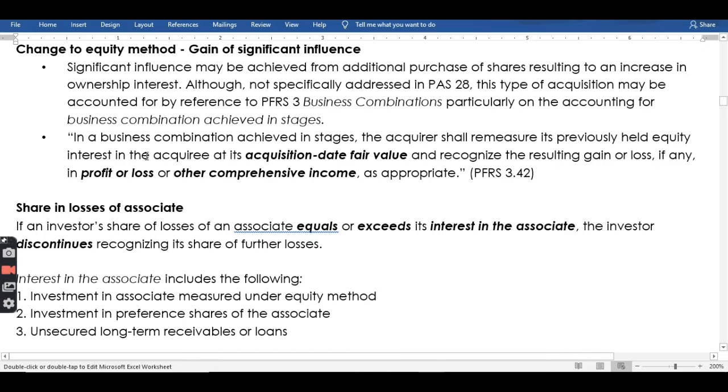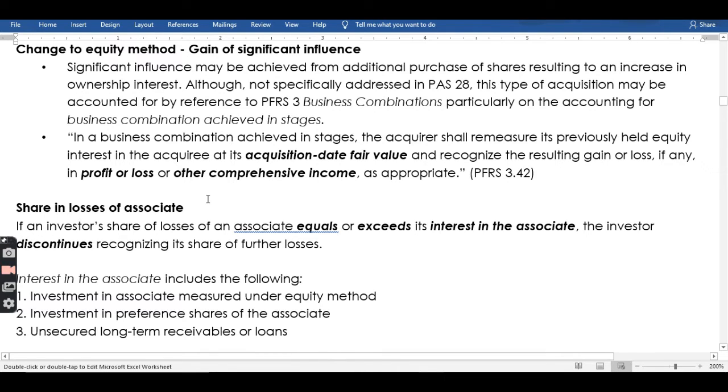Okay? So with that, ang sabi kasi doon, in a business combination achieved in stages, the acquirer shall remeasure its previously held equity interest in the acquiree at its acquisition date fair value and recognize the resulting gain or loss, if any, in profit or loss or other comprehensive income as appropriate. Okay?